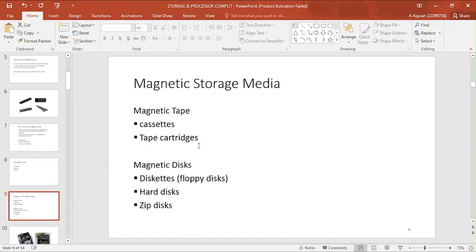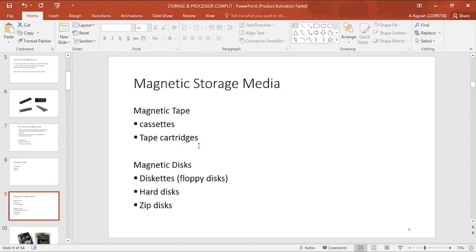So magnetic storage media, we can talk about the magnetic tapes, and under that we can talk about cassettes. Those of us who are old enough know about cassettes. This uses the magnetic technology in keeping data.